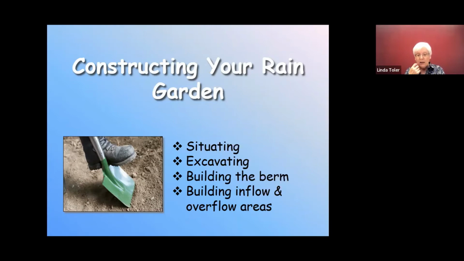We'll talk about excavating the ponding area. And then we'll talk a bit about building the berm on the downhill side of the garden if your garden is in a sloped area. And the last thing we'll talk about is how to build a place for the water to enter the garden and then flow out of the garden when a rainfall exceeds the capacity of the garden.